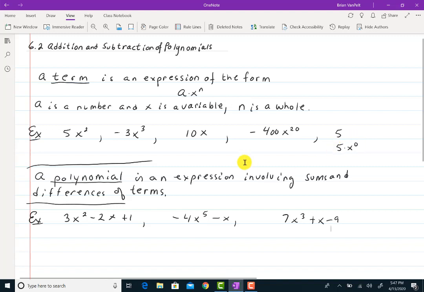Look at the terms that you have here. The terms in this one are 3x squared, negative 2x, and 1. Notice that the power on x is 2, then 1, and then the constant part, or just the number part, is like x to the 0. So you can see all the powers are correct.